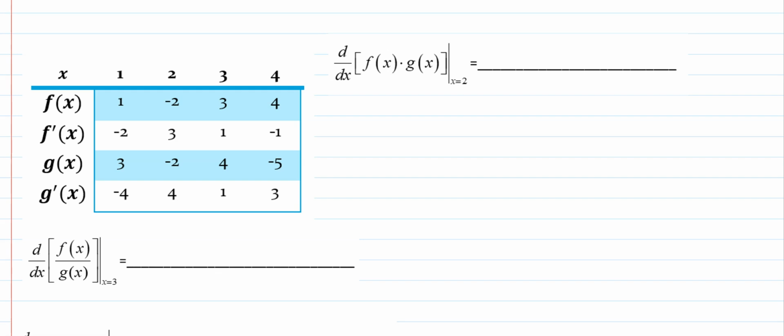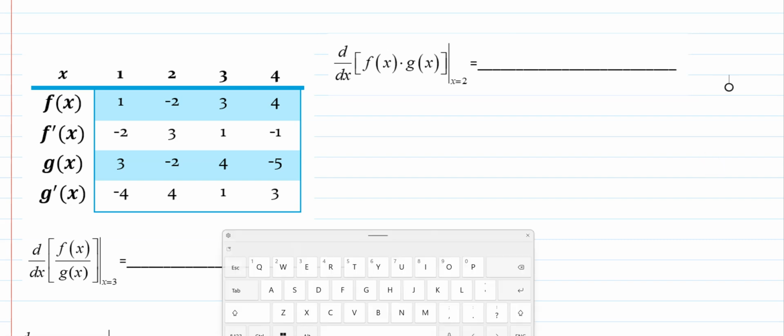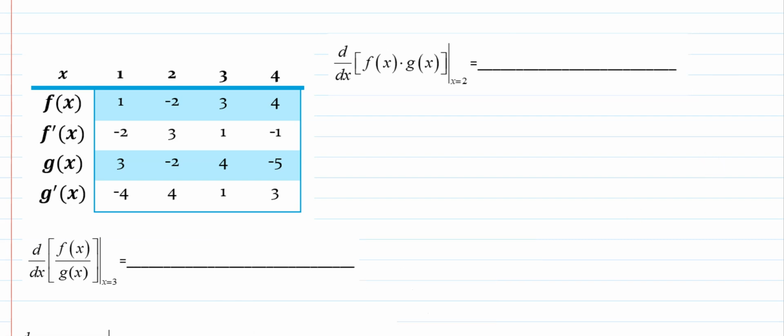The first question is asking you to find the derivative of f multiplied by g, evaluated at x equal to 2. So basic derivative rules say that the derivative of the product f of x times g of x, this is the product rule, is just a straightforward application of the product rule.